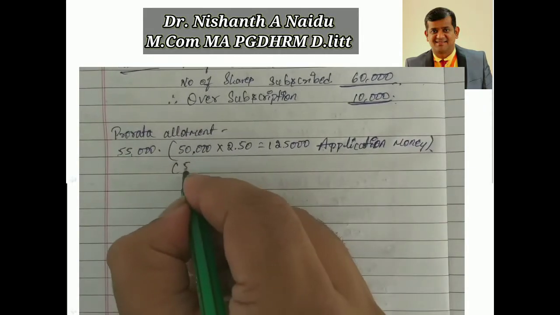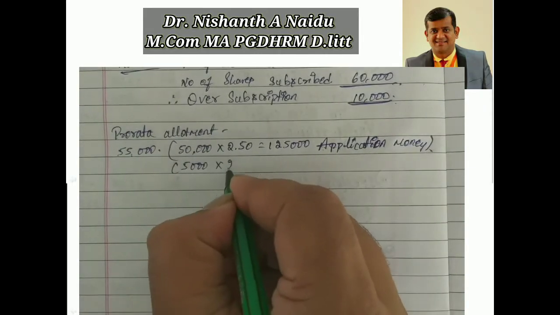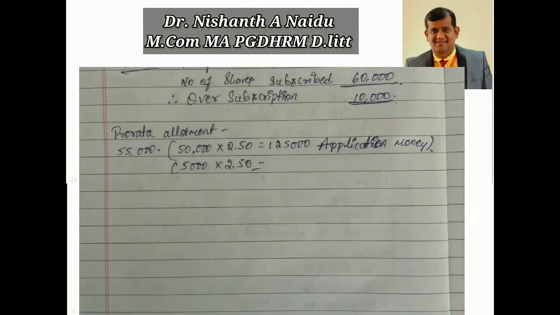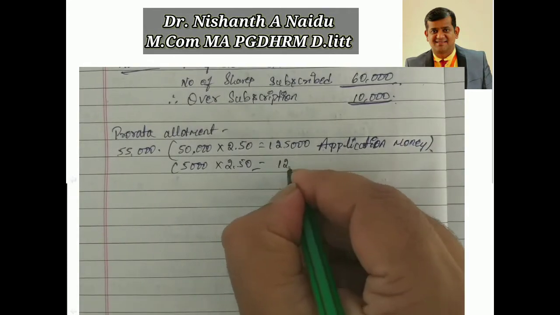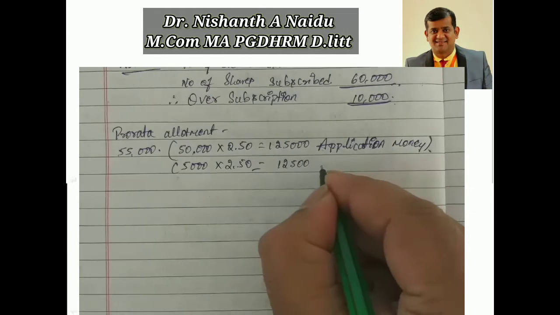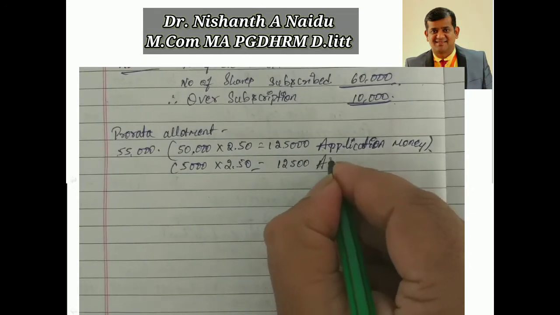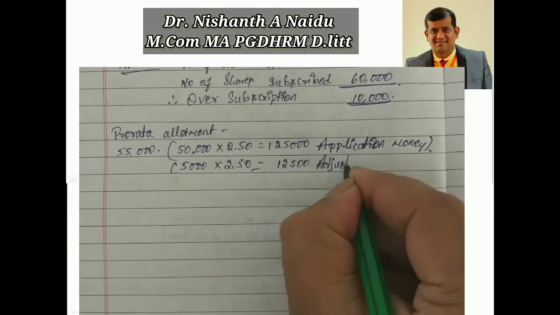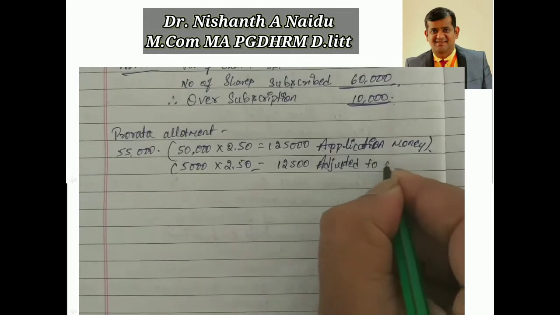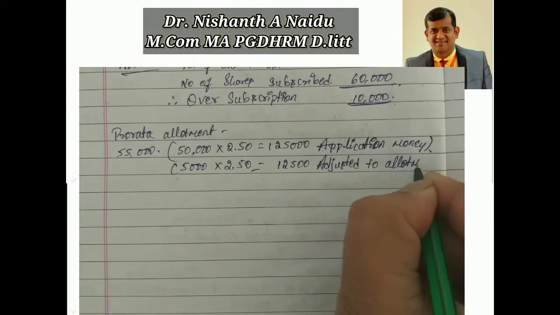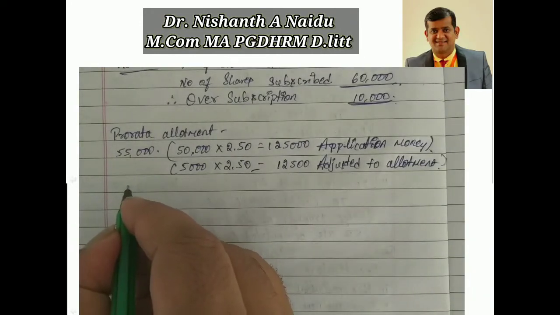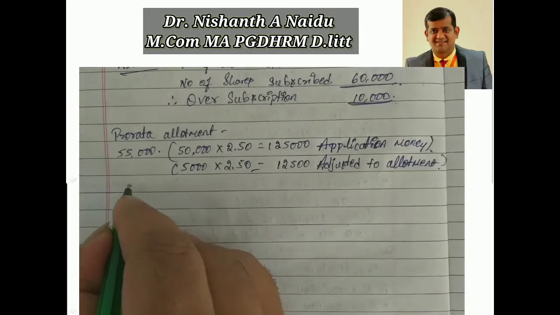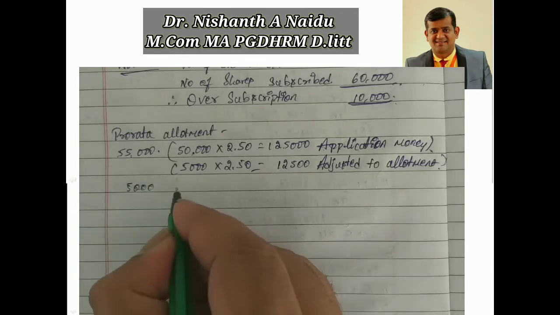Next, the additional 5,000 that I am keeping is adjusted towards allotment. So 5,000 into 2 rupees 50 paise comes to 12,500 rupees, adjusted to allotment. Next, the other 5,000 shares' application money we are rejecting.